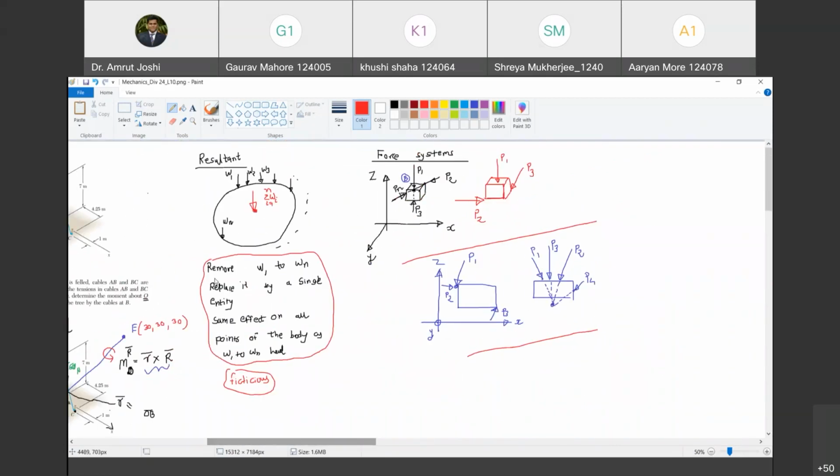Are you able to categorize the difference between these two force systems, the upper two and lower two? What is the difference? Can you spell it out? Some answer yes, no, whatever it is.